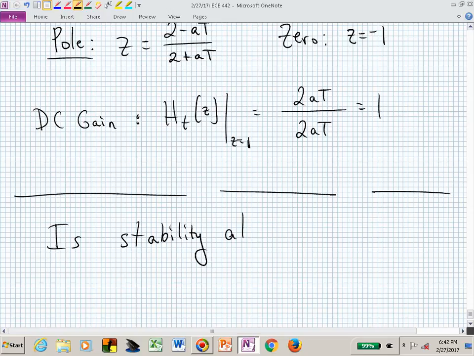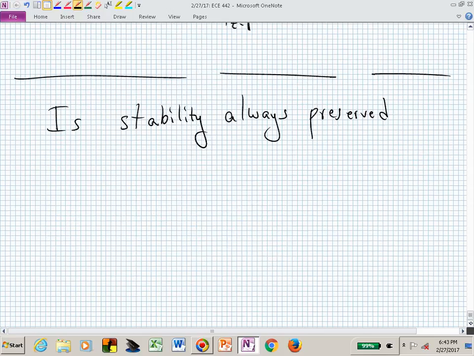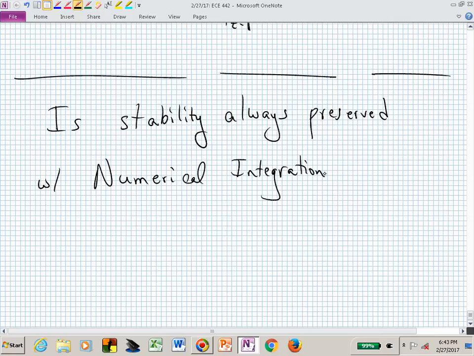This is a causal system. We want to know, do we have our poles inside the unit circle if we start with our poles in the left half plane for H of S? Is stability always preserved with numerical integration?